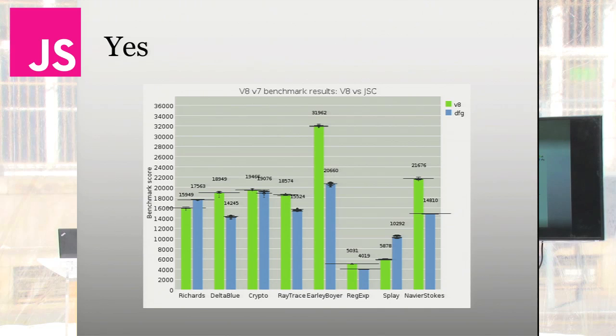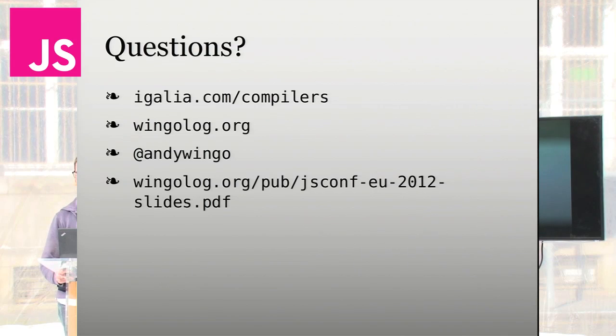The same on crypto. Really eating it on early Boyer. But we're picking up on Splay. And it's a classic example of, boy, JavaScript Core is really killing it on Splay, right? But the pause time, it's not on this graph, right? You can't see it because those costs are amortized over the entire second of collection. So yeah, that's JavaScript Core's optimizing compiler.